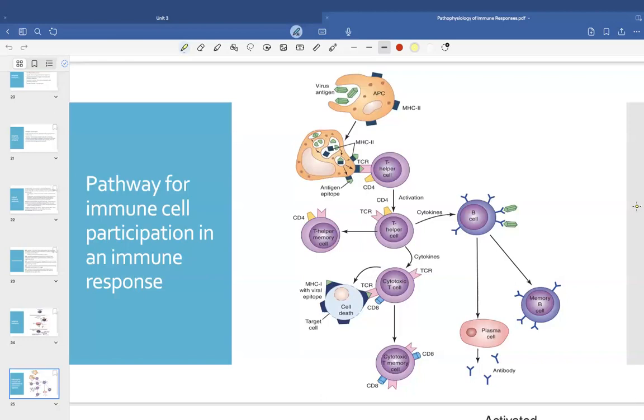And then you should remember, this is just your responses on your humoral or adaptive or acquired immunity.